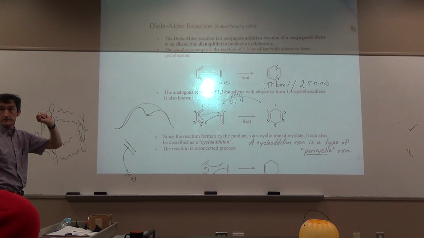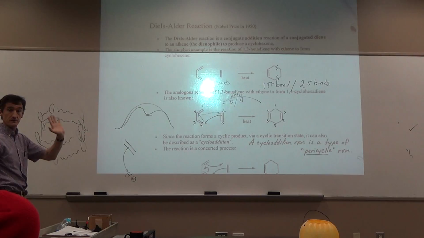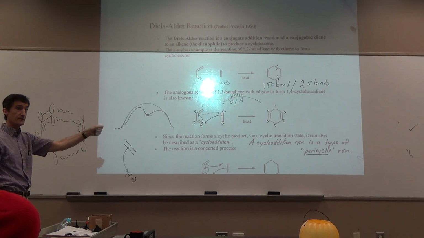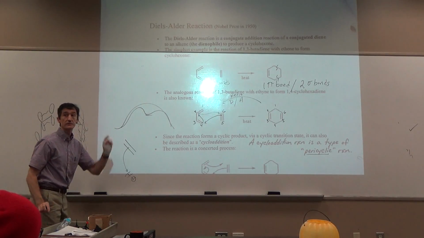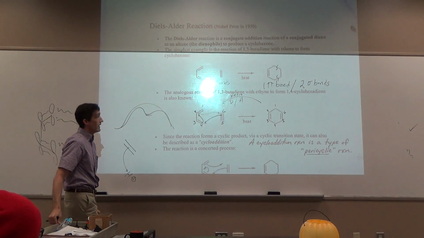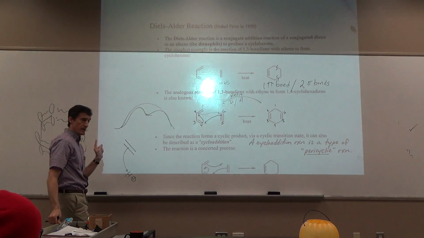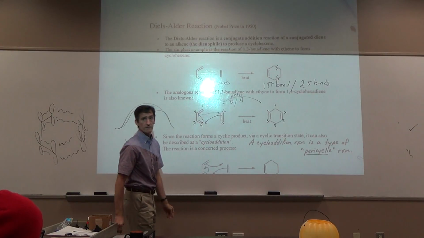Sigma bonds, right? Stable would be lower in energy. Yeah, this is thermodynamically favored. You can do calculations if you want, but we can also just qualitatively assess it. But it's not favored by entropy, because 2 reacting to give 1 is not favored.